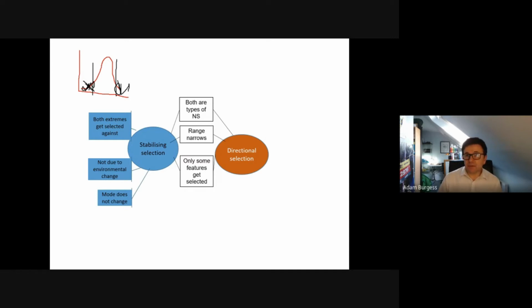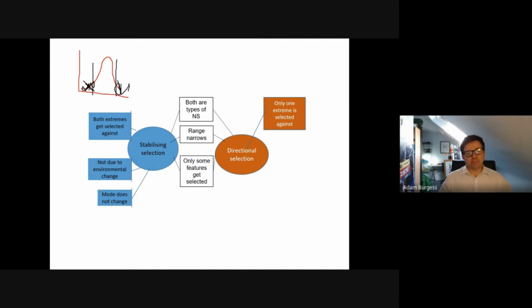Right, so directional selection, well, it's the opposite of stabilizing. Whereas in stabilizing both extremes get selected against, in directional only one extreme gets selected against. So for example, if you remember the giraffe, the short neck is getting selected against for the longer neck.